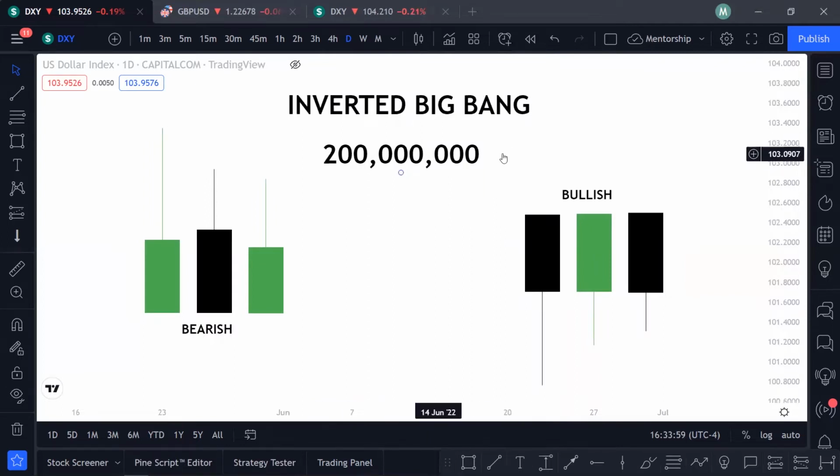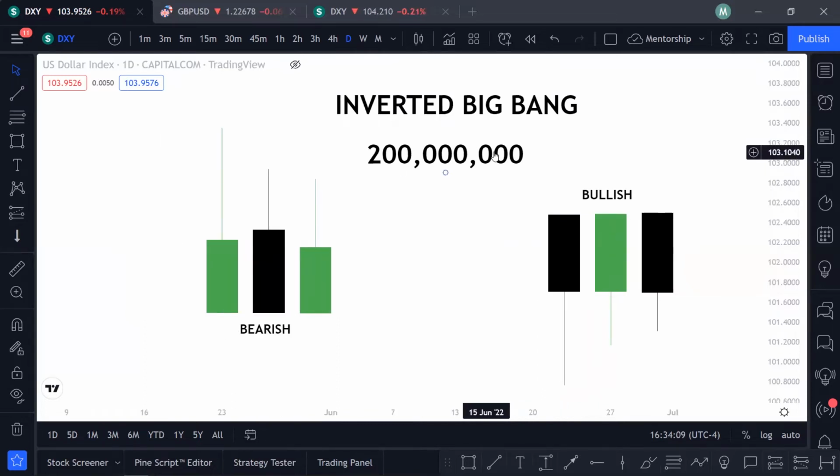Or maybe a day. Why? You're too excited for life. Simply because you know this is a bullish candle, this is a high, this is a close, this is the open. You want to earn this amount of money in the Forex market.